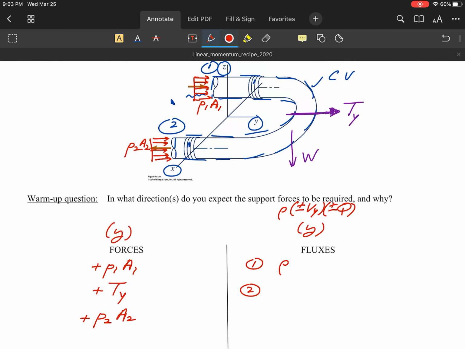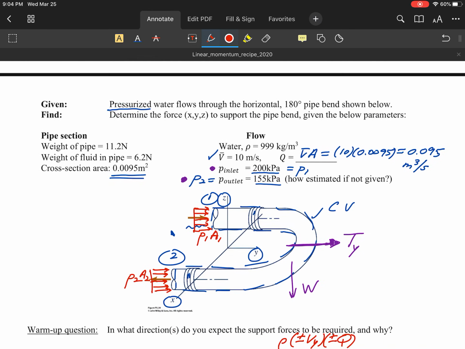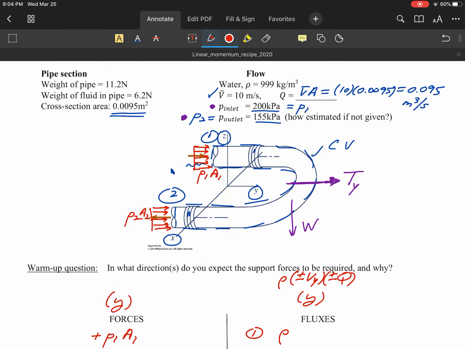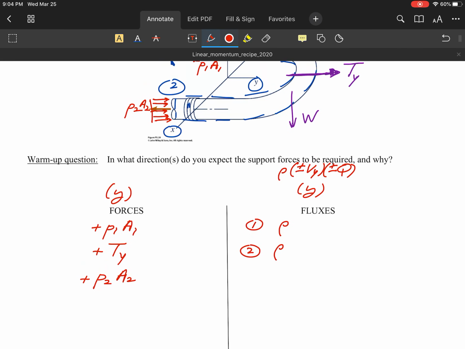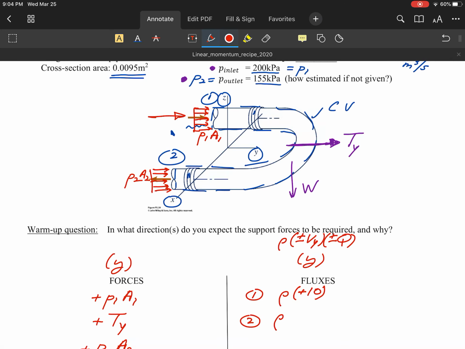So for number 1 we have rho. We know we have rho for number 2. And the velocity at location 1 is 10 meters per second. That velocity is in the positive y direction, so I'm going to write positive 10. Remember that the fluid is moving in this way and moving out this way.